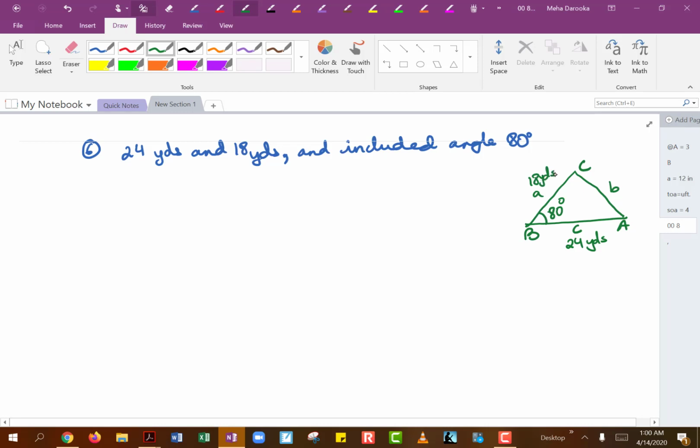Okay, so if we had to write this as a formula, the area of the triangular lot would end up becoming 1/2 sides A times C multiplied by sine of angle B. So that would be 1/2 times 18 times 24 times sine of 80 degrees.